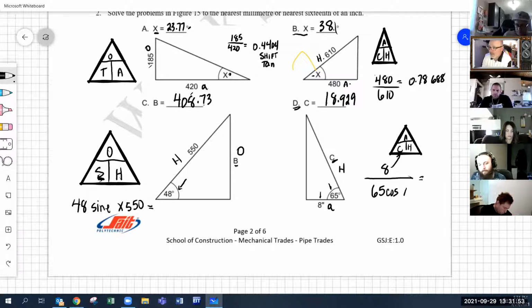Is everybody understanding how to do this? It's not too bad once you identify what it is that you have and what it is that you want.